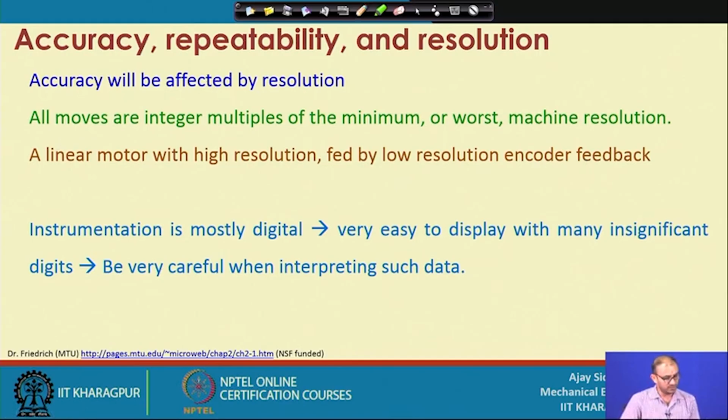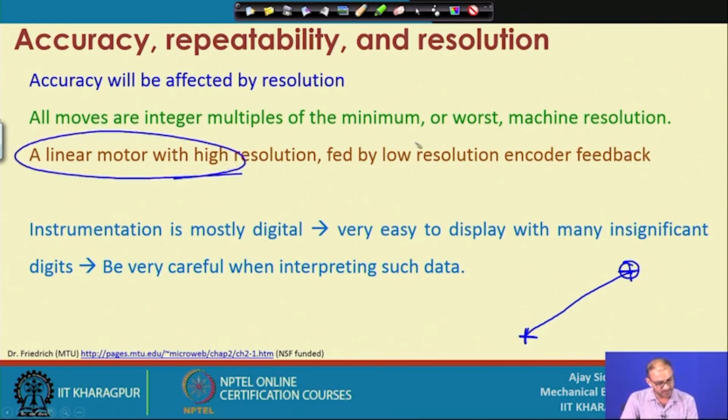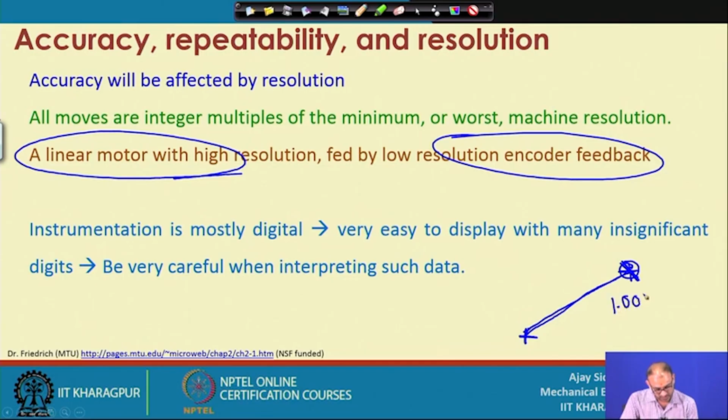Now, suppose this is your starting position and you want to reach this target location. When you are moving, we know that we have a very high resolution linear motor, but our feedback encoder is a little bit less. So, it is moving precisely to that location, but it may not report that location, because that location is in terms of 0.002 or 0.001002.